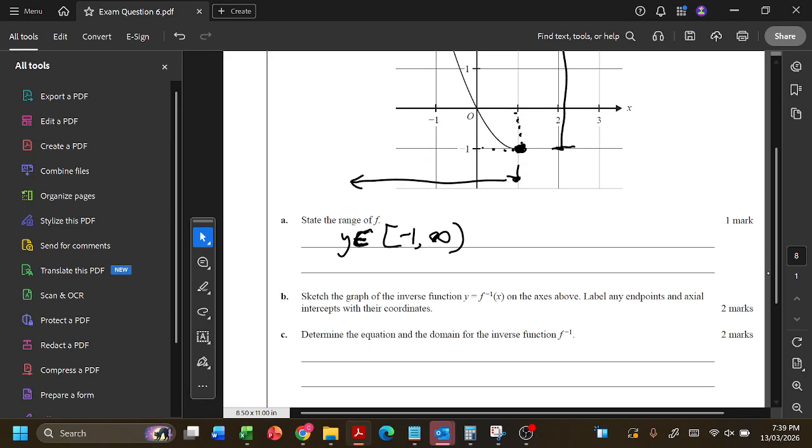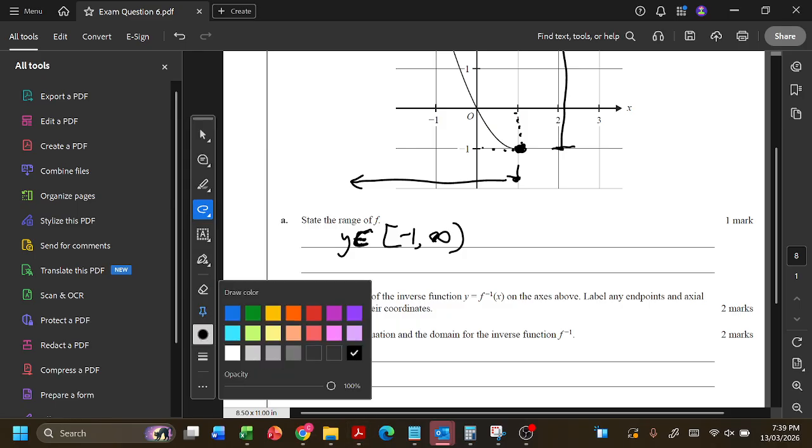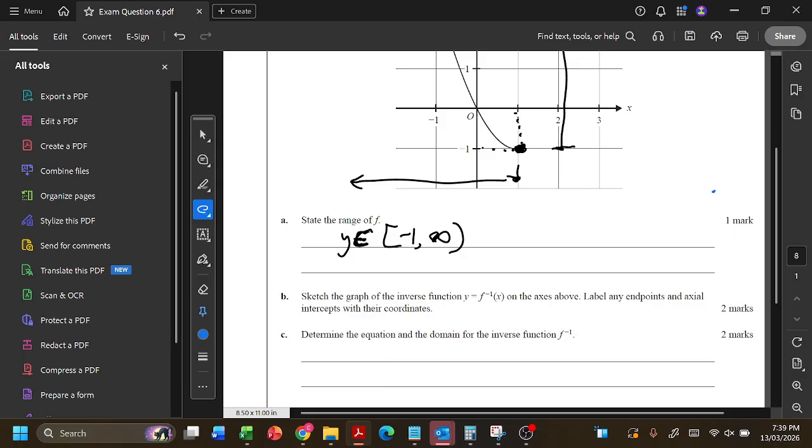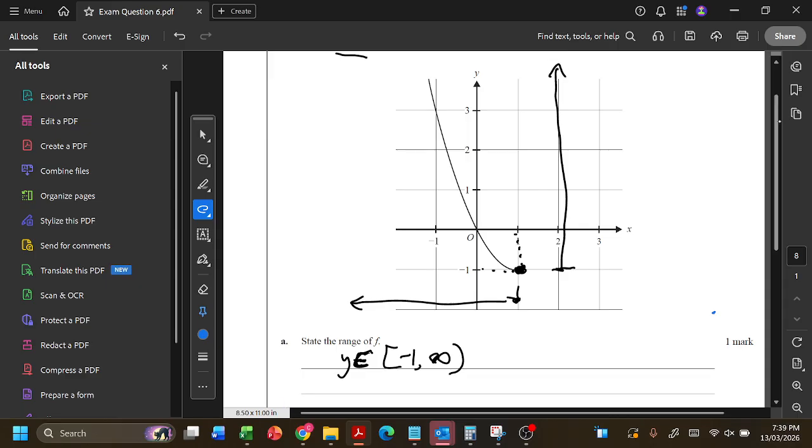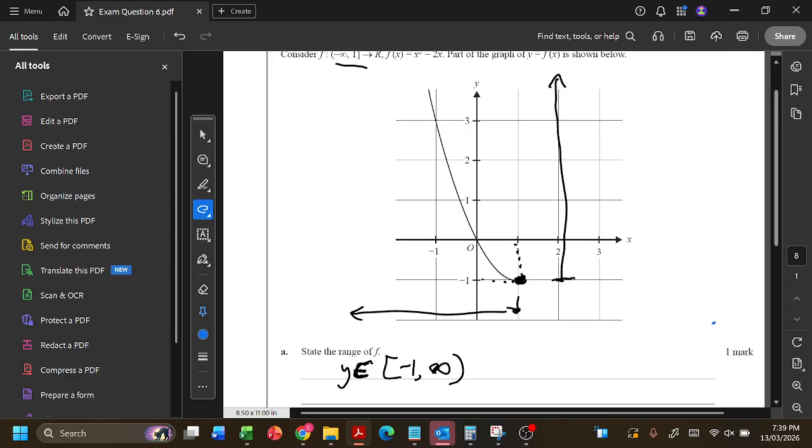Now, the next question asks us to sketch a graph of the inverse function on the axis above, labeling any endpoints and axial intercepts. So we need to make sure we do what the question says and label endpoints and axial intercepts. Make sure we don't miss those, right? So here's how you can answer a question like this. I would recommend drawing a line down the diagonal like this. That blue line that I'm drawing there is the equation y equals x.